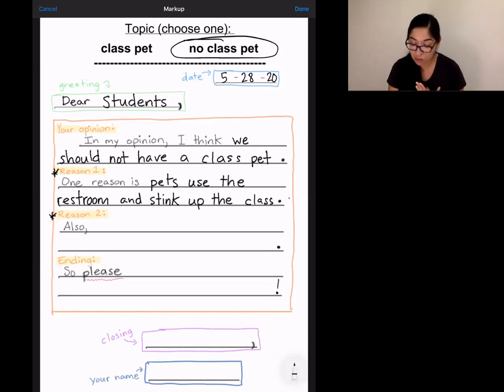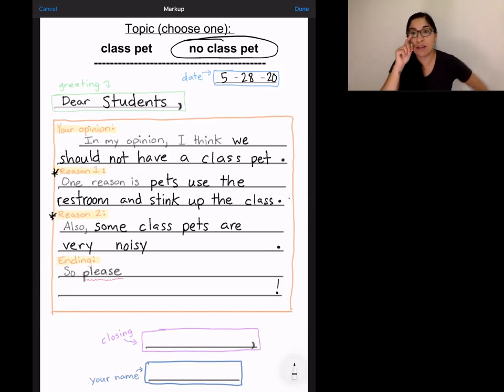Okay, so I'm going to say also some class pets are very noisy. Ooh, we don't want that. Okay. Then I have to end it.